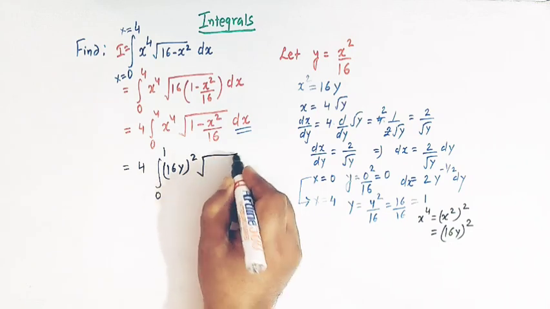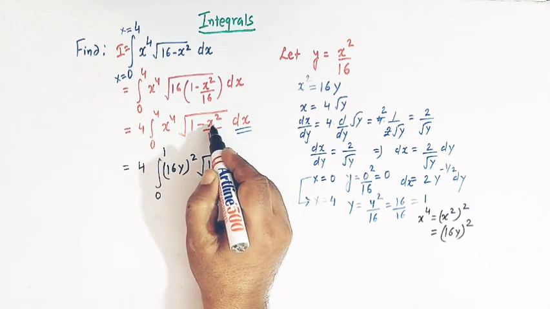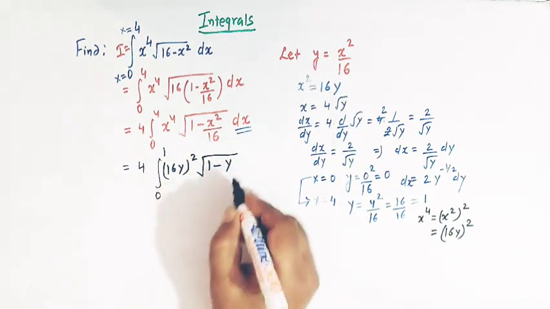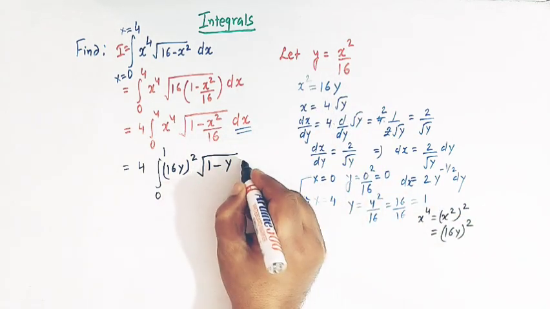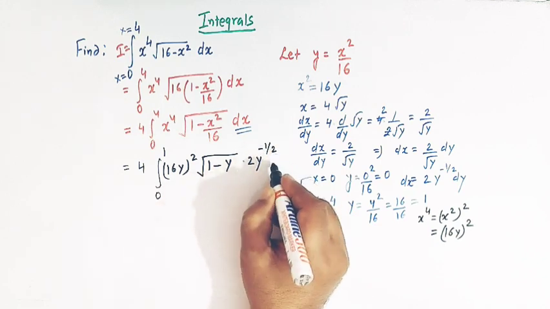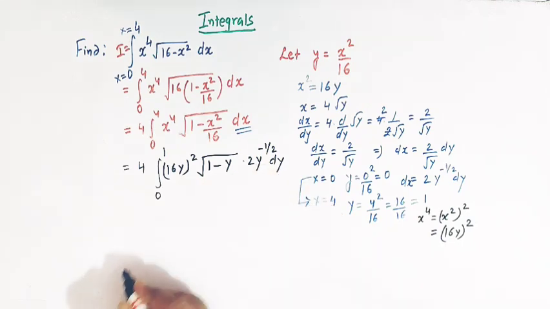Here we have the square root of 1 minus x square over 16, that is equal to y, so we have 1 minus y. For dx we can write 2 times y raised to minus half dy.